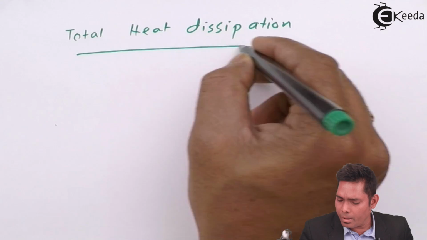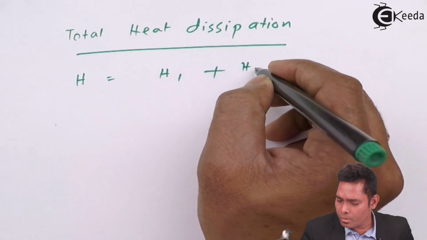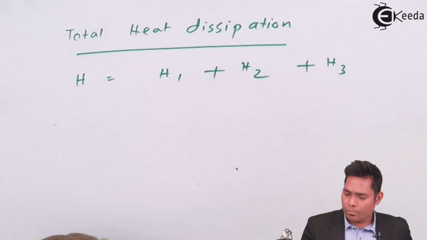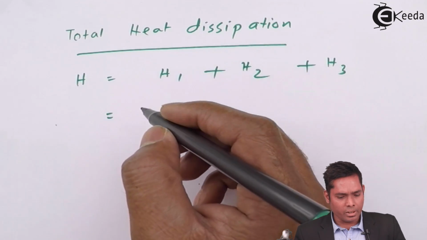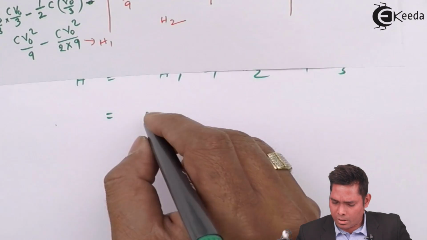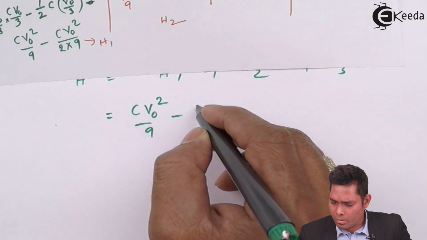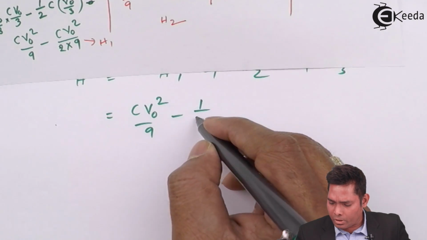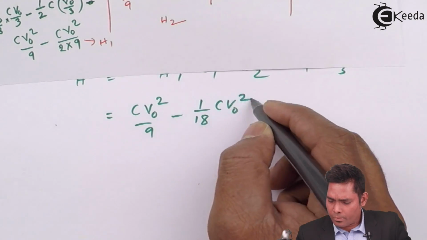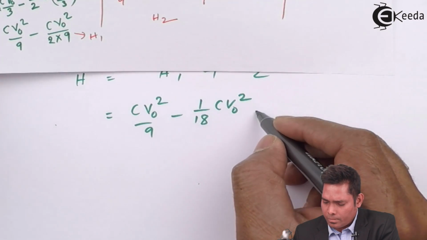can be obtained by the following: H is equal to H1 plus H2 plus H3. What was my H1? The H1 was CV naught square by 9 minus 1 upon 18 CV naught square. You can see H2 here, I will write in red.